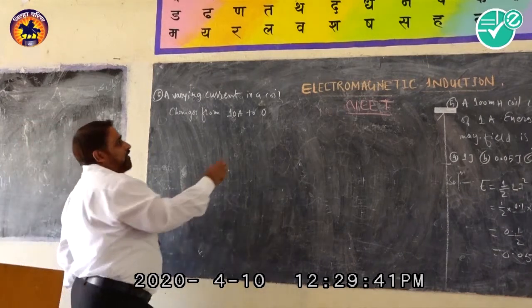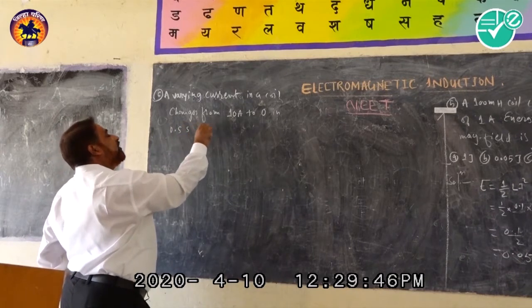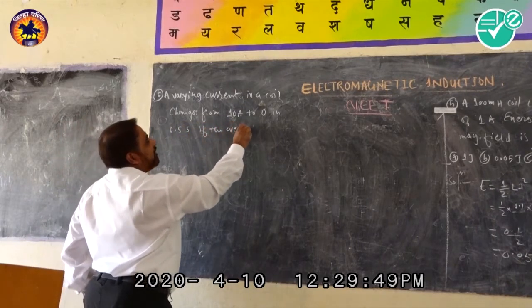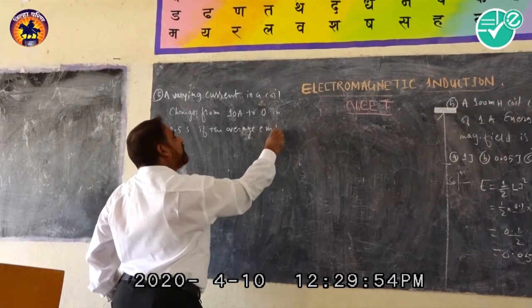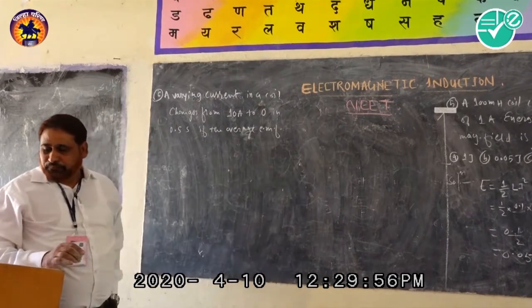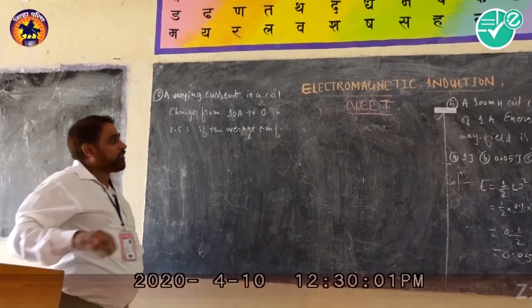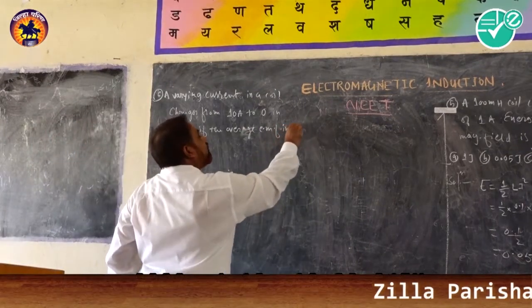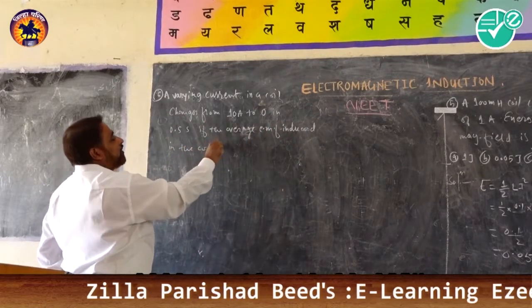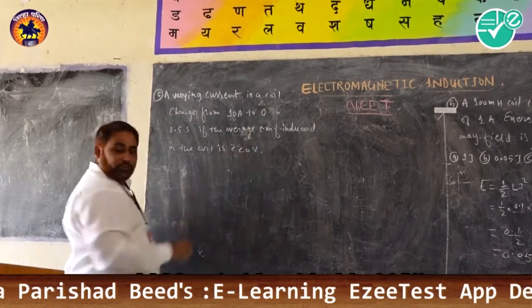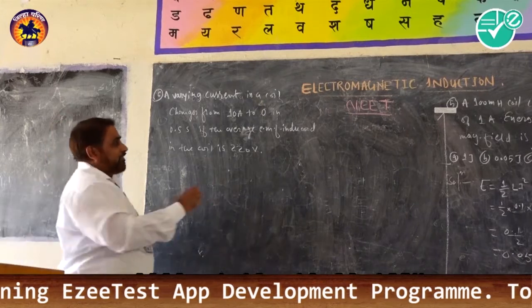If the average EMF induced in the coil is 220 volts, then the self-inductance of the coil will be dash dash.